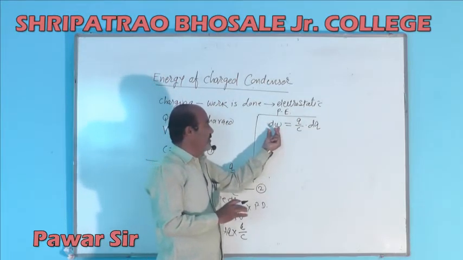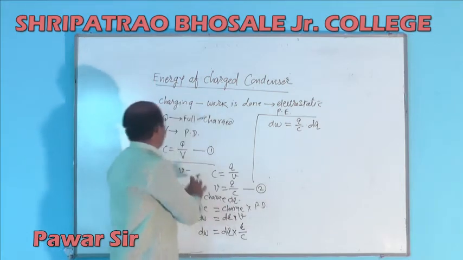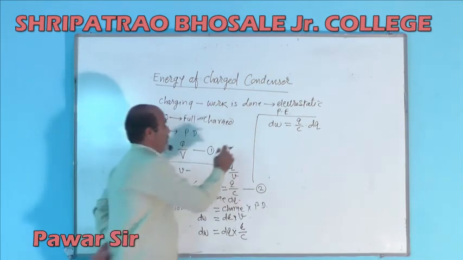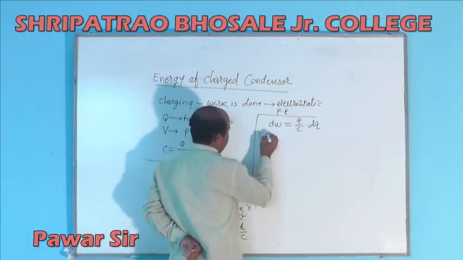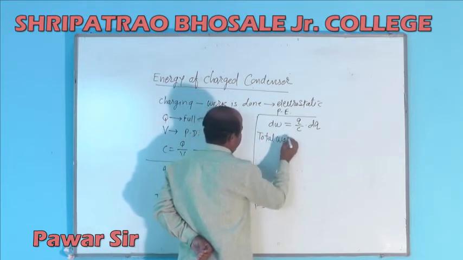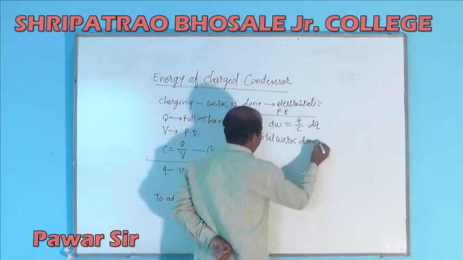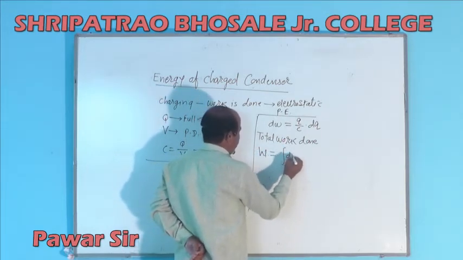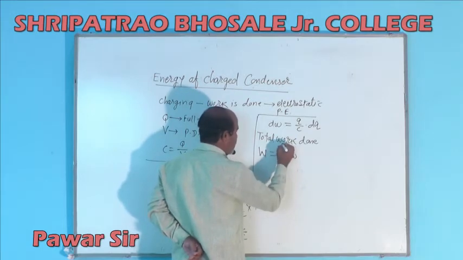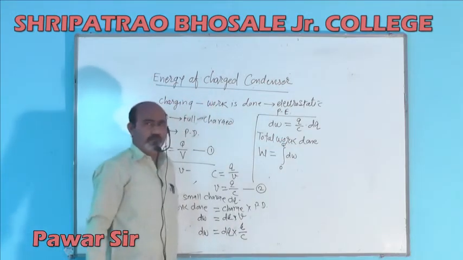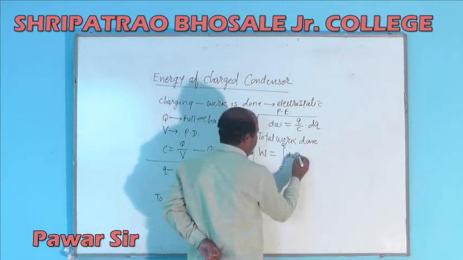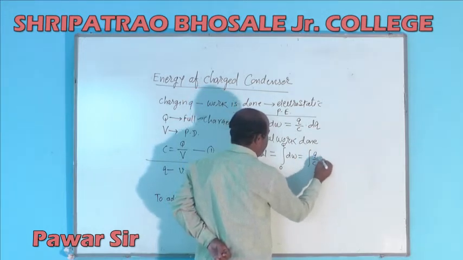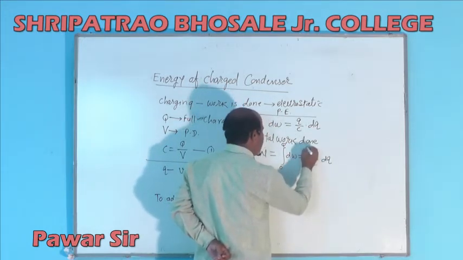So we can find total work done to charge condenser from 0 to capital Q. So we can obtain total work done W is equal to integration of this small work dW from 0 to capital Q. Put value of dW, it is equal to integration of Q divided by C into dq from 0 to capital Q.